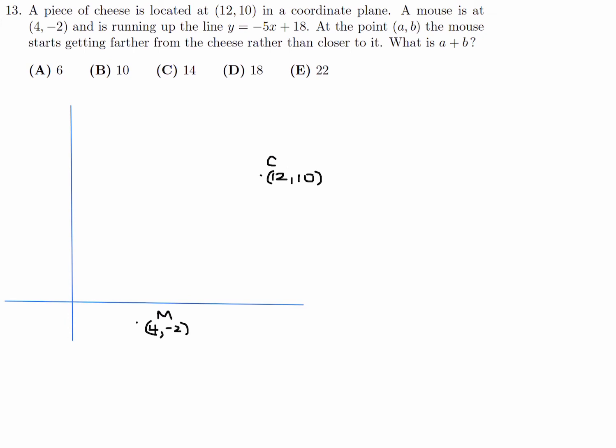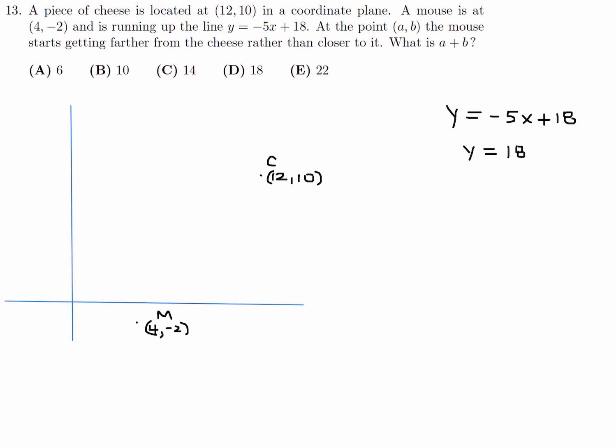Now he is running in a direction of this line. So let's plot that line. All I'm going to do to plot that line is just get one coordinate other than the (4, -2). And I'll just use the y-intercept. So when x is 0, y is 18. So that makes it pretty quick.